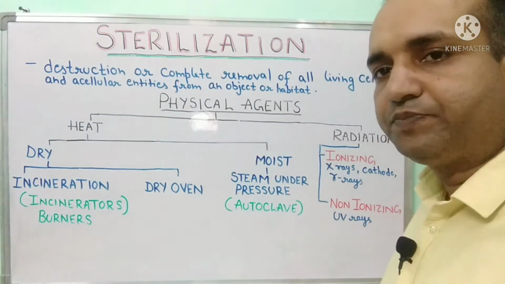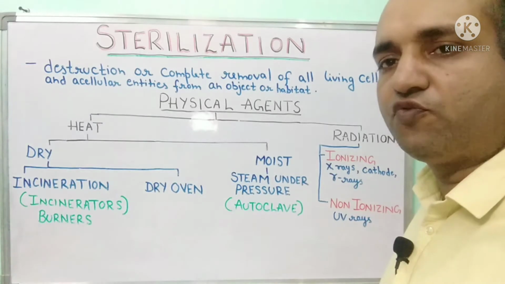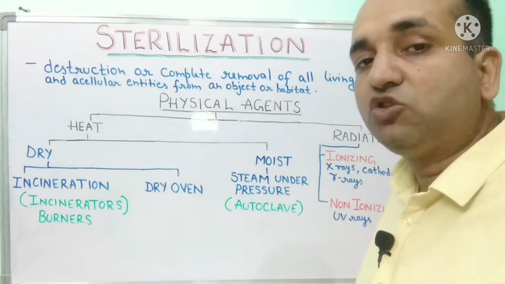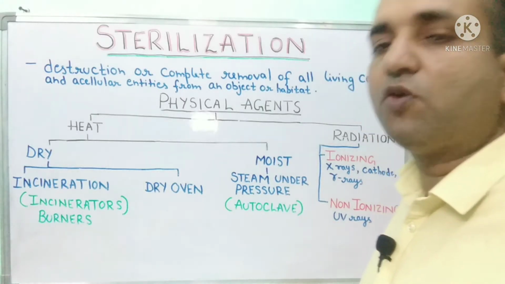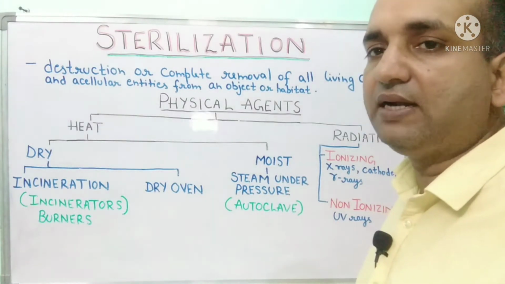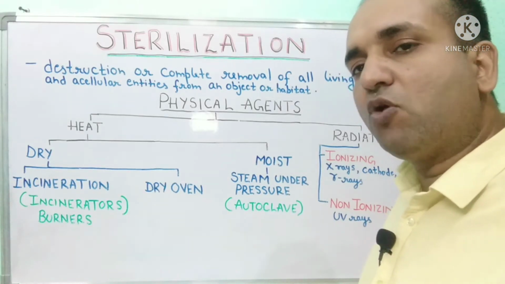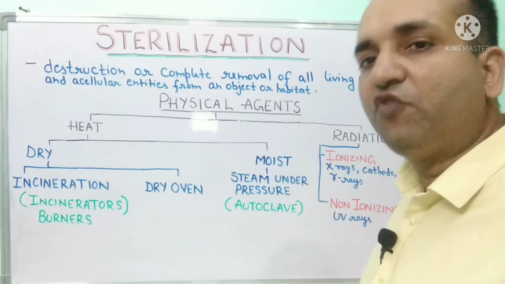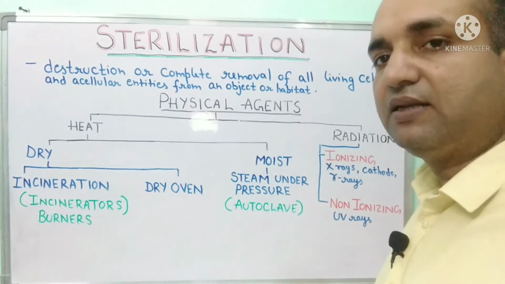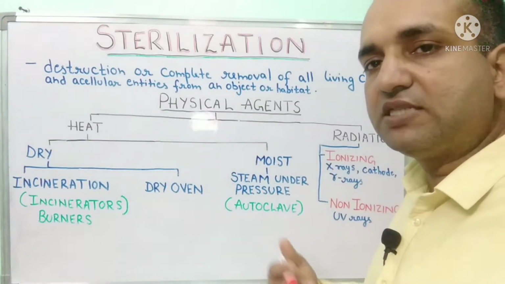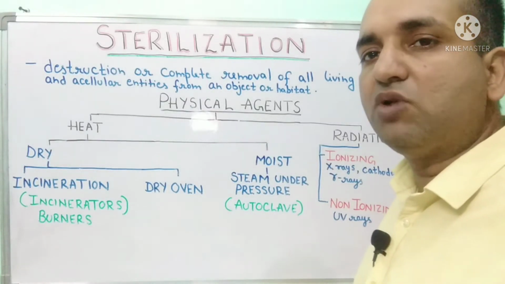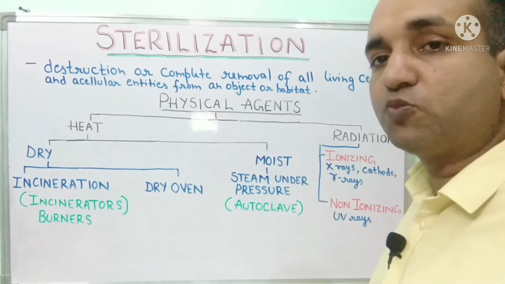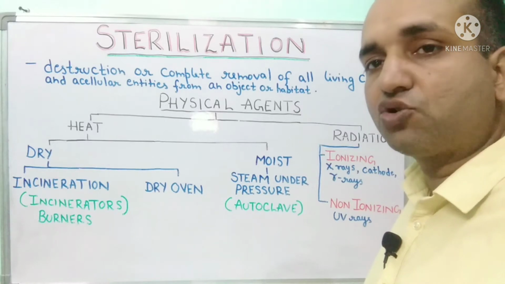In an autoclave, the objects are exposed to a temperature of about 121 degrees centigrade at a pressure of about 15 pounds for a duration of about 15 minutes. It is believed that on exposing the objects for this time at this pressure, the microbial cells and their endospores are completely destroyed.